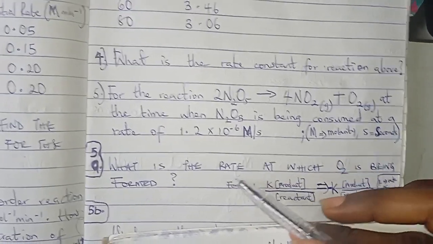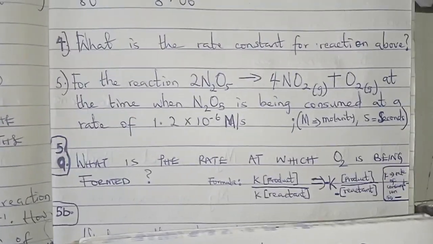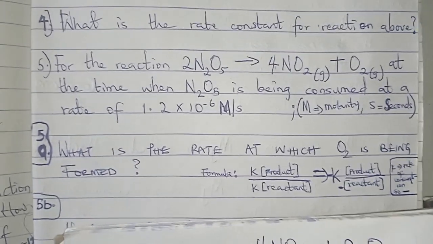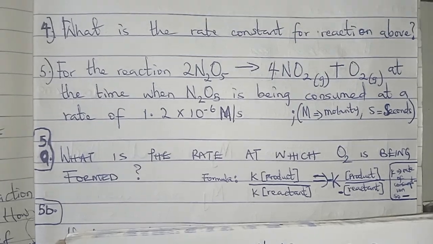The question here is, what is the rate at which oxygen is being formed or produced? What is the rate at which O2 is being produced?